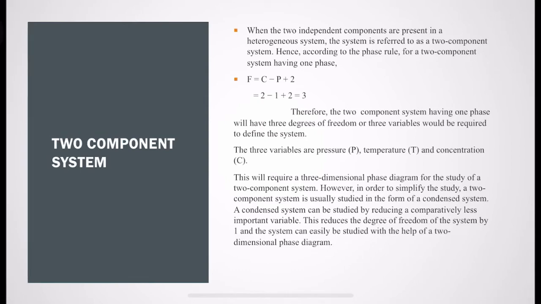We also discuss types of two component system, where the first is simple eutectic formation. What is eutectic formation? That means a system contains two substances which do not react chemically. They are completely miscible in a liquid state but completely immiscible in a solid state, and this is known as a eutectic system, or you can say easy melt, right?